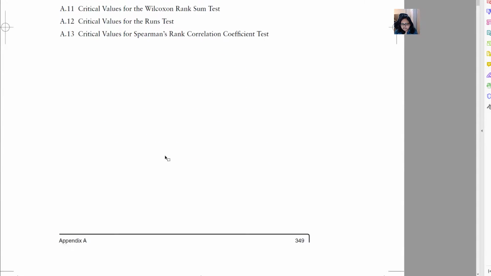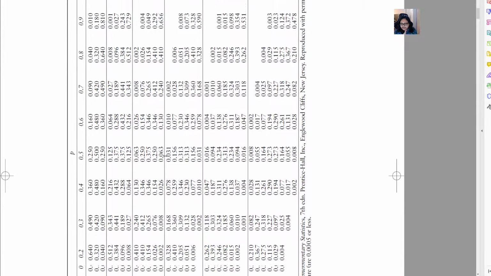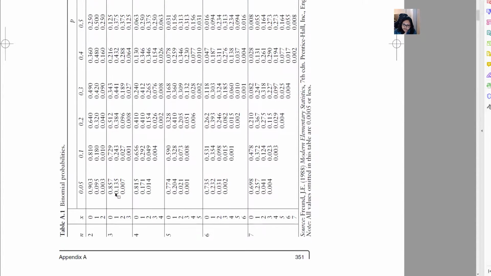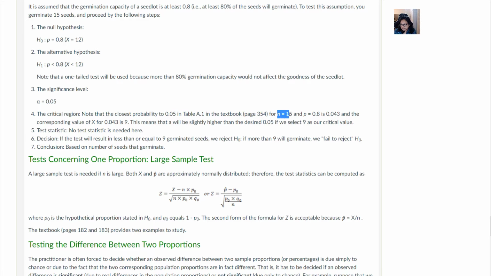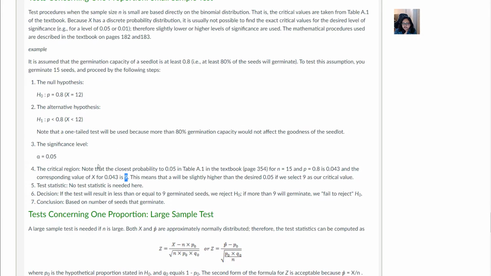You can see the proportion, the sample size, and the x value. In our case, n is 15, the proportion is 0.8, and the x value is 9, because we will find that in the table. That's what I would like to show you, how we can find that value.